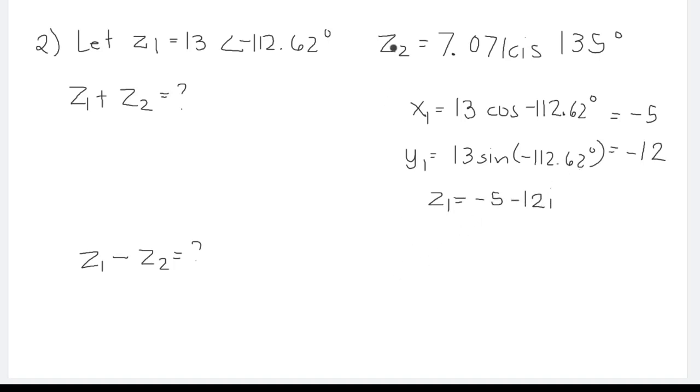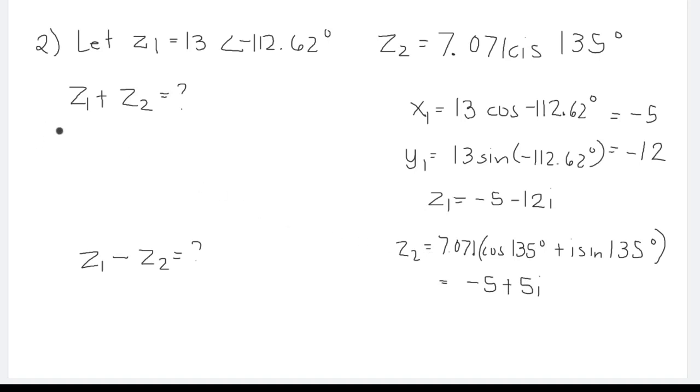For our C2, we just expand the equation 7.071 cosine 135 degrees plus i sine 135 degrees, and this will result to negative 5 plus 5i. So we have now C1 and C2 in rectangular form.